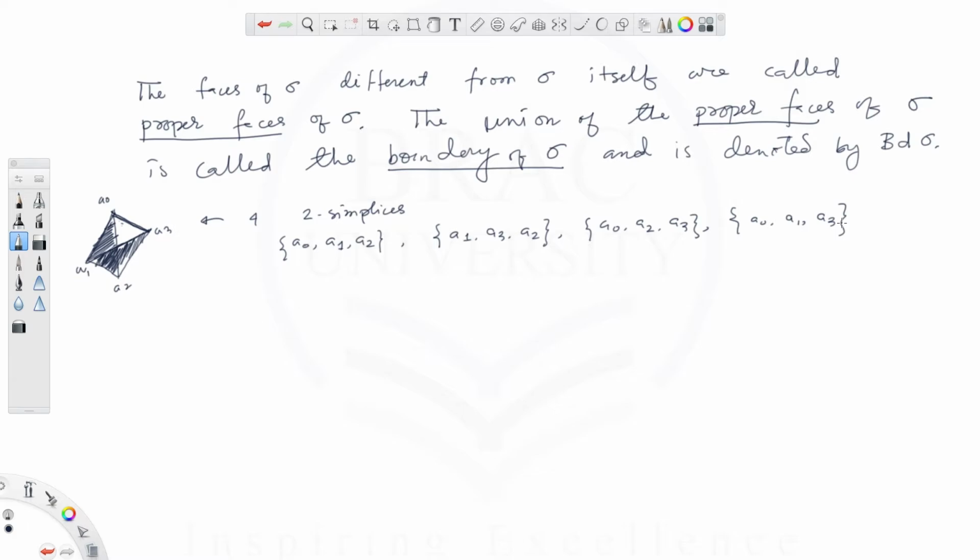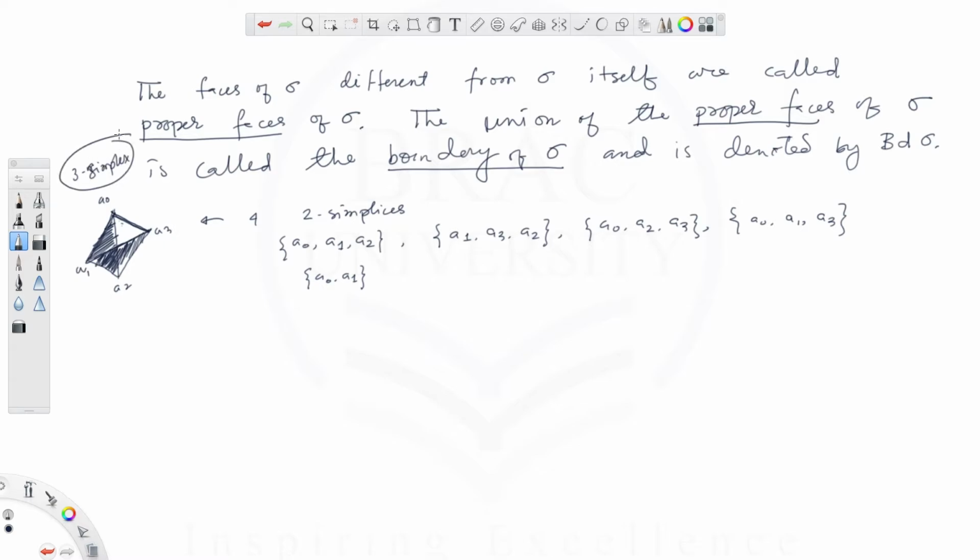And then one has A0, A1, which is one simplex, which is also a proper face of the three simplex we are dealing with.